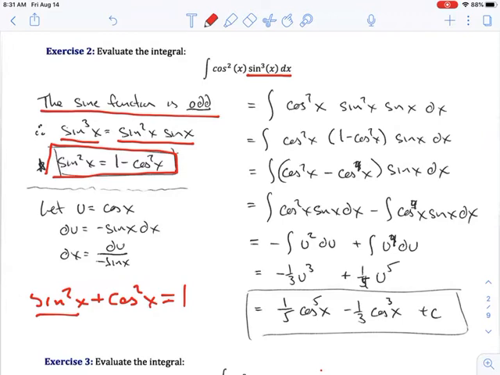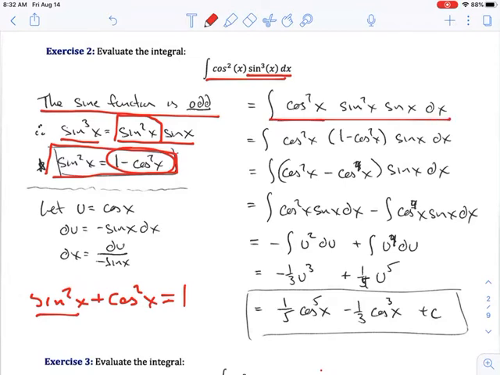So when you have a sine or a cosine raised to the second power, what we want to do is substitute this in for it, 1 minus cosine squared. So what we're doing then is getting rid of all of the sines except for that one that we factored out. So if we go over here, we have this integral being rewritten like this.